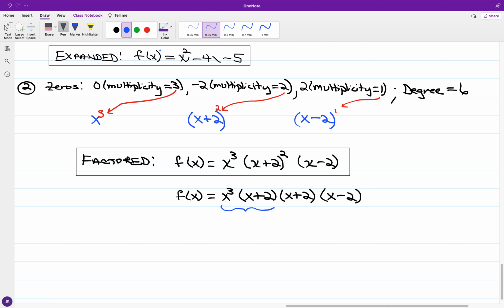What I'm going to do is cluster together the first two and the last two factors. Okay, so you have f of x. Now for x cubed times the quantity of x plus 2, I'm going to have x to the fourth plus 2x cubed. And for x plus 2 times x minus 2, we're going to have x squared minus 2x plus 2x. Those will cancel, so I have minus 4.